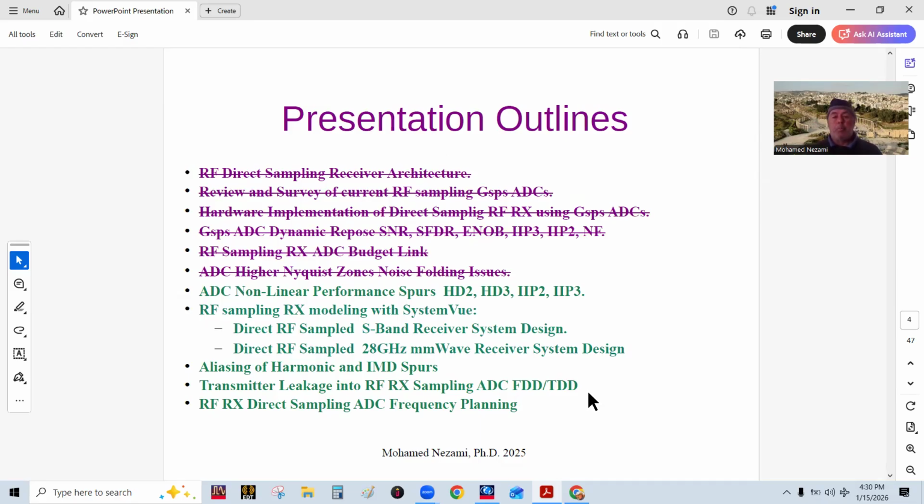So we replace that in the direct sample receiver with the ADC nonlinearity performance in terms of second order harmonic distortion, third order harmonic distortion, interleaver spurs, sampling signal spurs, images, and so forth. So we're going to talk about that.